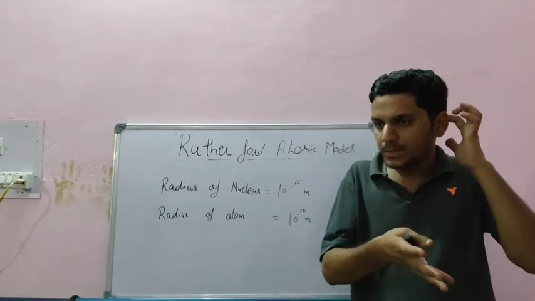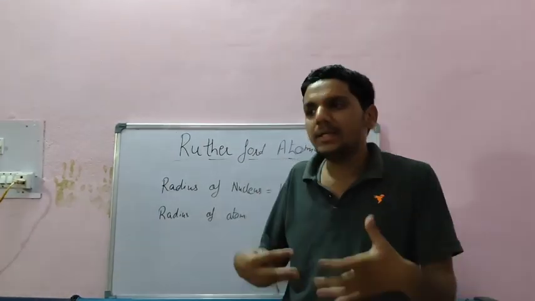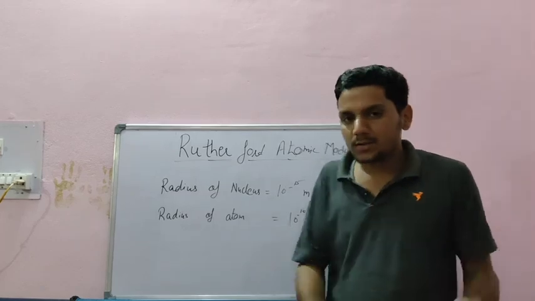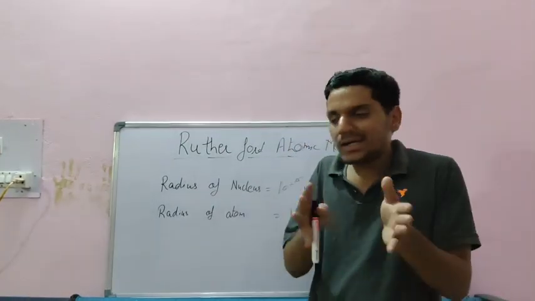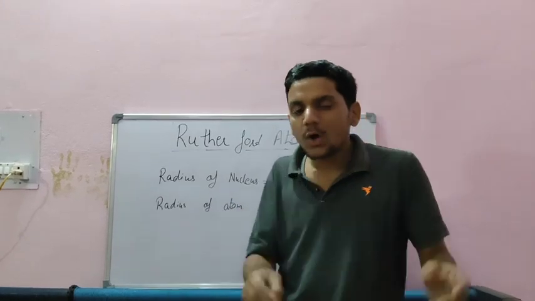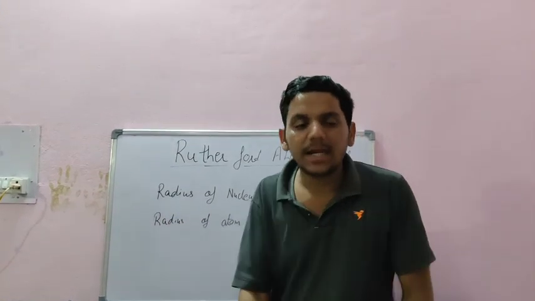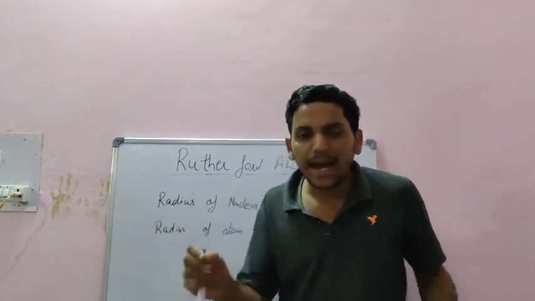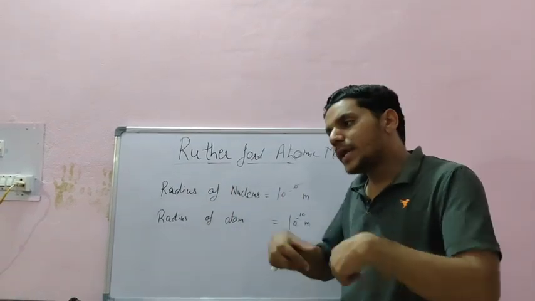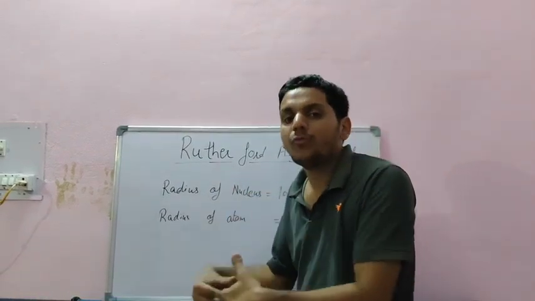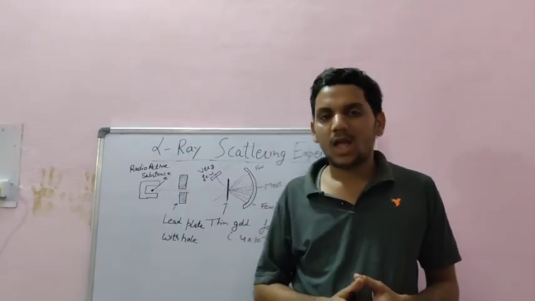For different atoms there are different numbers of protons, and that's why each element's atom has a different mass number.